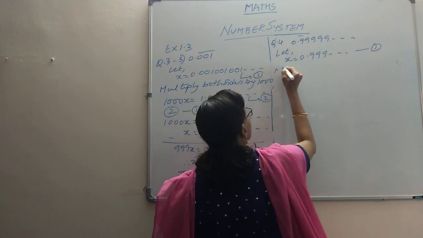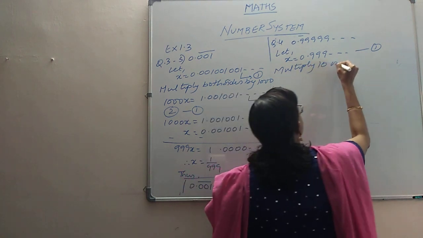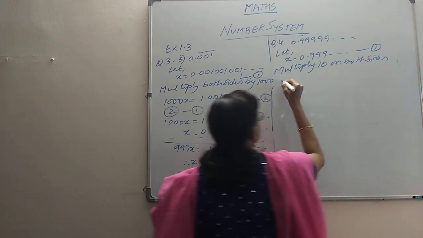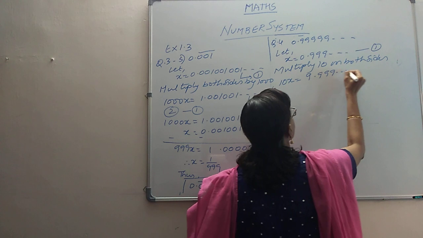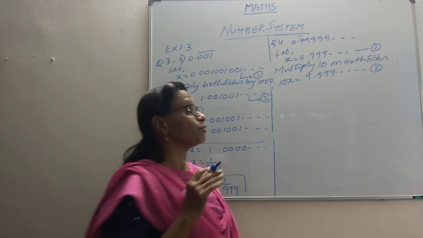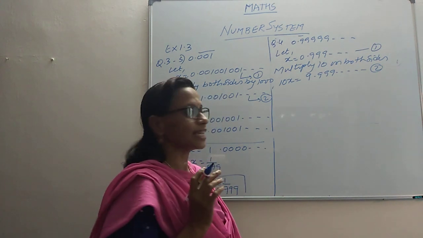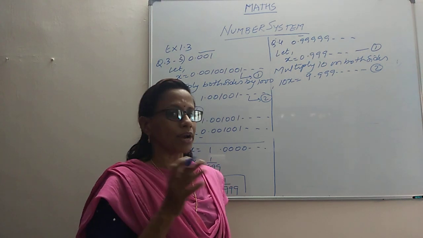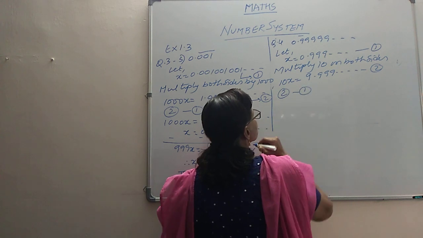So we are going to multiply 10 on both sides. This becomes 10x and this becomes 9.999 and so on. This is how you get equation 2. Since we have only 9 as a recurring digit, it allows us to multiply by 10. We know our next step is always subtracting 1 from 2. So we are going to subtract equation 1 from equation 2.